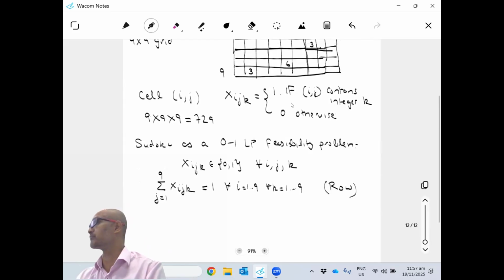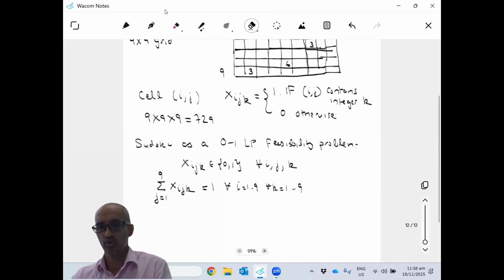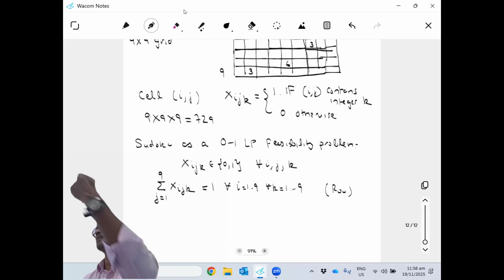So for example, let's take row 9. So let's say i is 9. Let's take the number 2. The number 2 can only come once on this row, right? So when i is 9 and k is 2, what is this constraint telling me? x9j2, where j goes from 1 to 9, means I'm taking all the elements along this row, and I want to make that equal to 1.